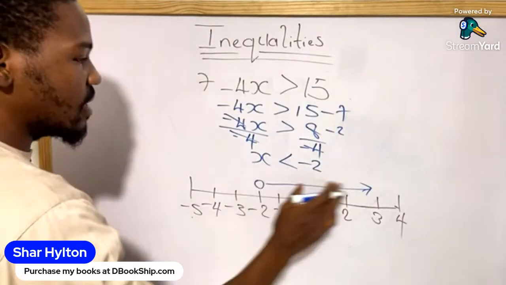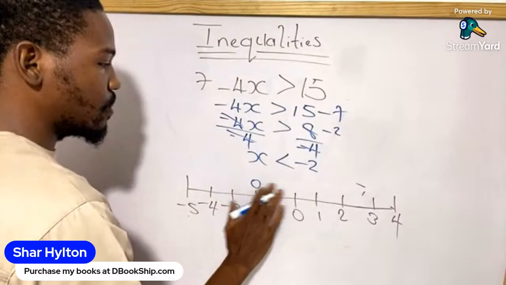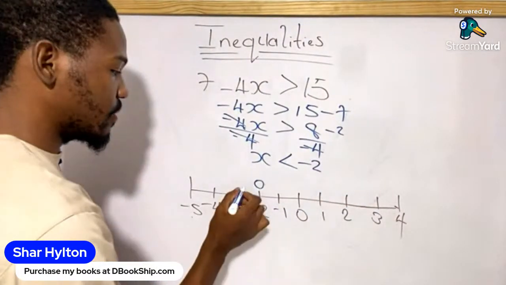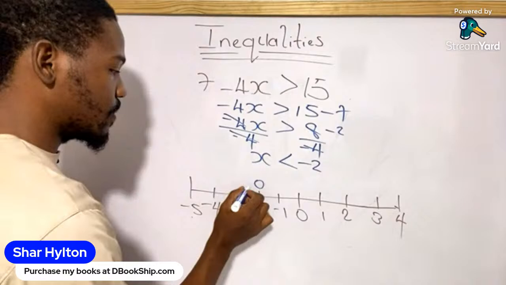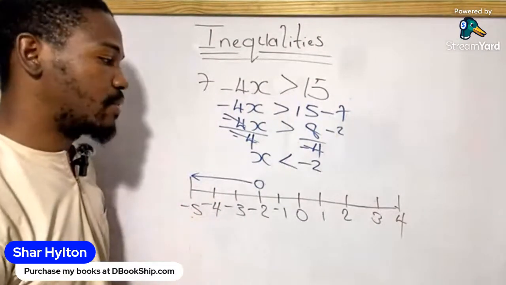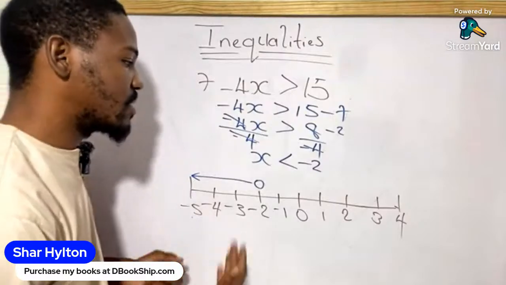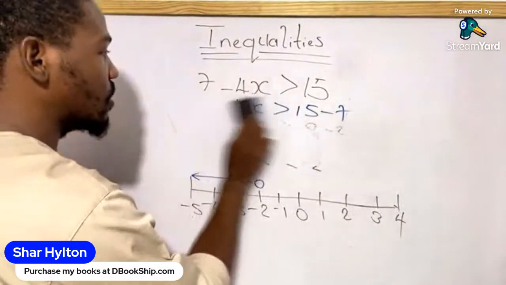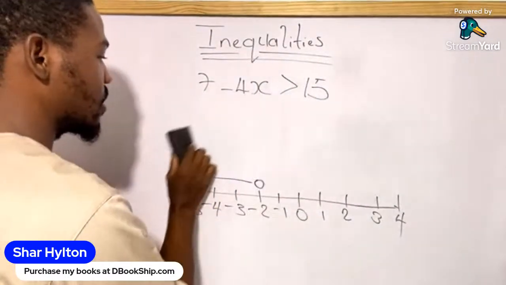So if x is less than negative 2, we know that negative 3 is less than negative 2. And we know that negative 5 is also less than negative 2. So everything that's down here is less than negative 2. And now we're going to check to see if that information is correct.